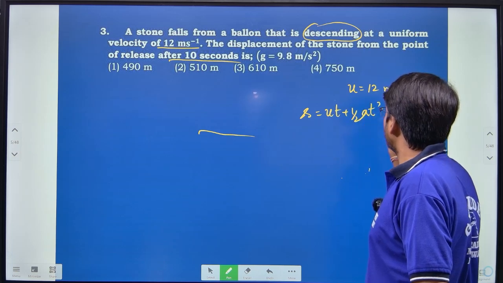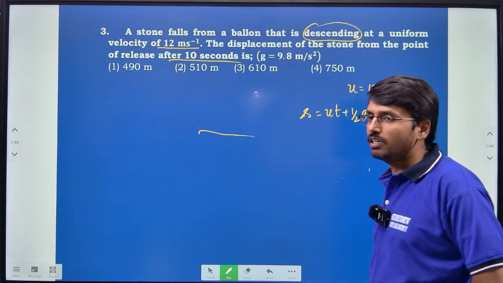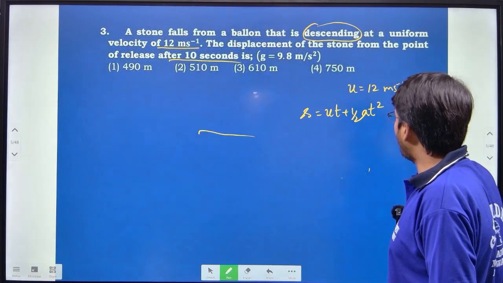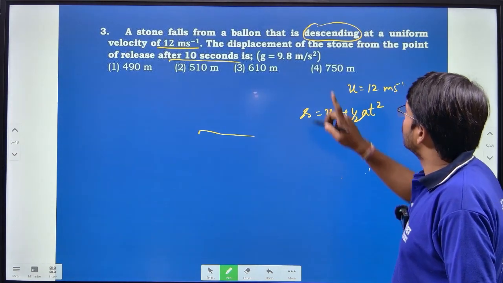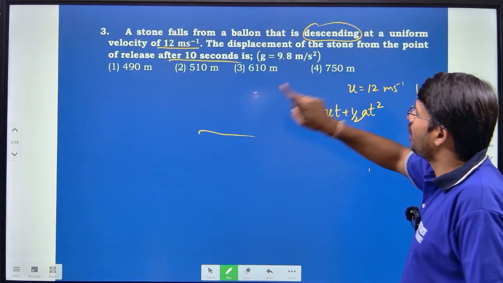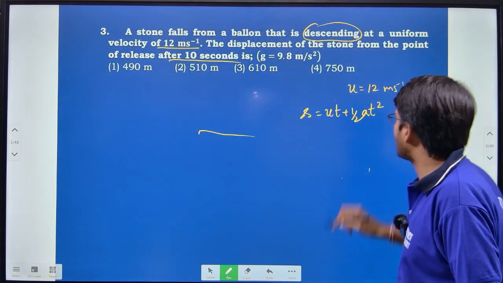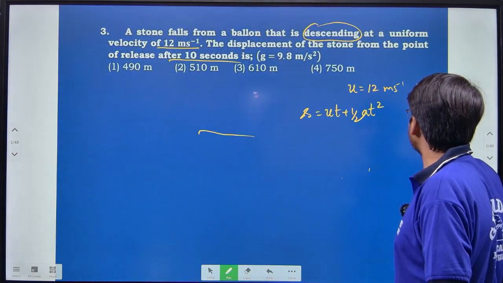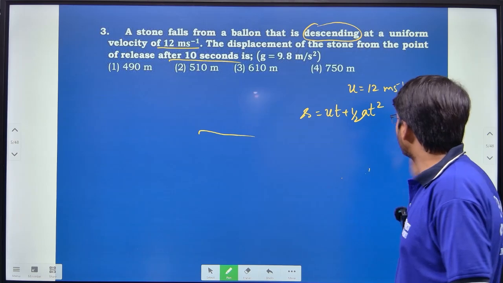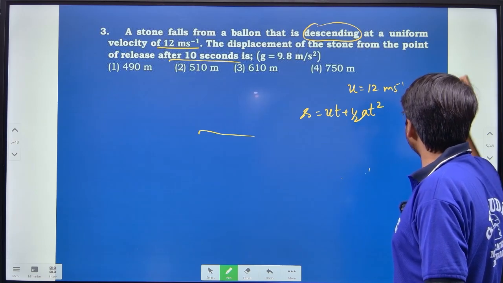As soon as it is released, there is acceleration due to gravity acting on it, and the motion is in a downward direction.